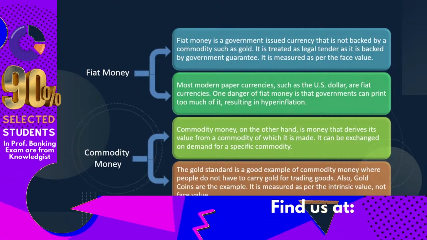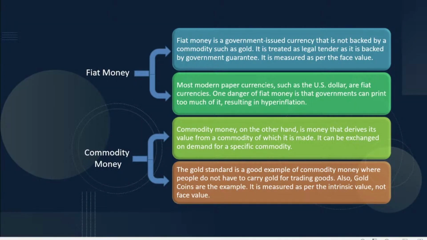Most modern paper currencies and coins are examples of fiat currency. So the government cannot print an enormous amount of money. Why? Because it will result in hyperinflation. Clear? It will result in hyperinflation.